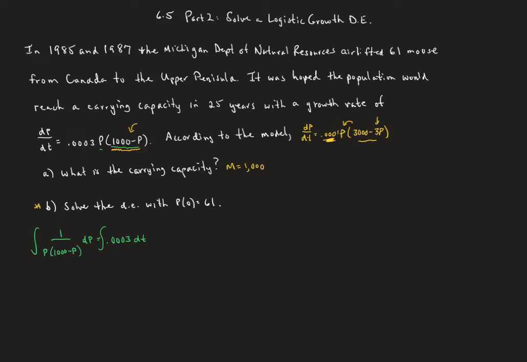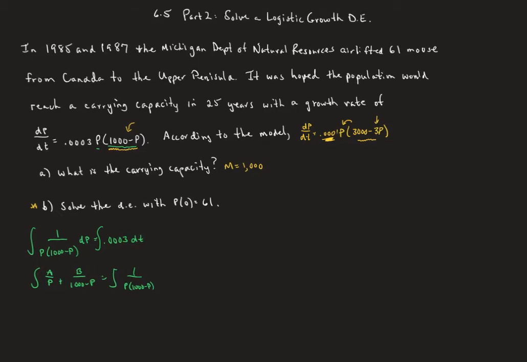So we are going to think of that integral on the left as being A over P plus B over (1,000 minus P). And I'm going to say that's going to equal that 1 over P times (1,000 minus P). I'm going to slide the screen up a little bit.